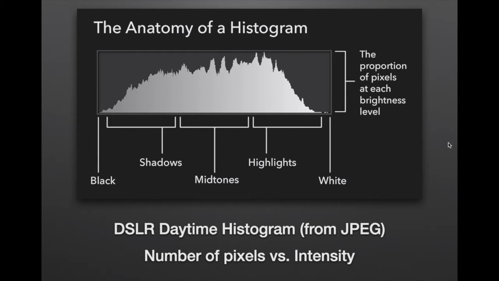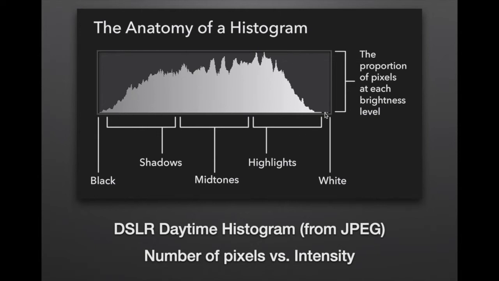The thing to understand about a histogram is it's giving you a graph of number of pixels versus intensity. So this axis is the intensity of the light, and the vertical axis is the number of pixels. At the low intensity end, say the black area, you don't have any pixels containing black, as you might expect in a daytime exposure.